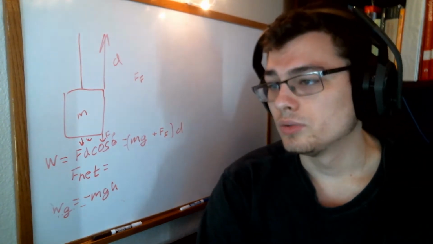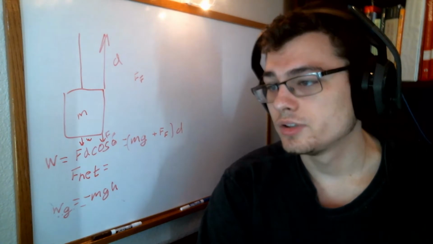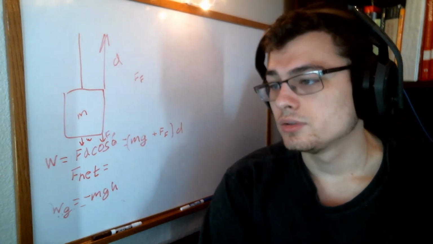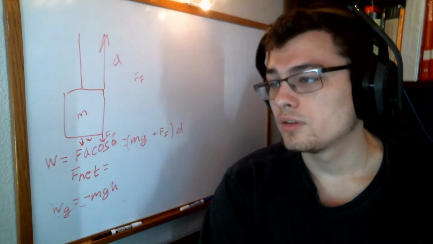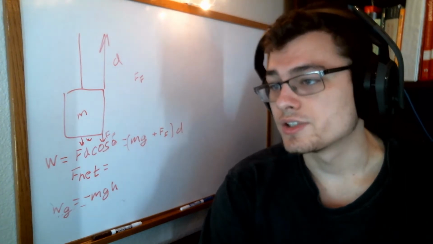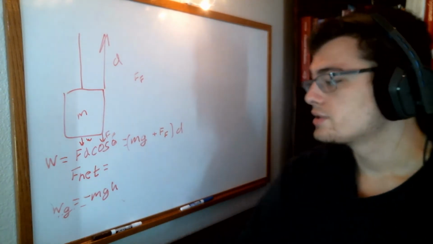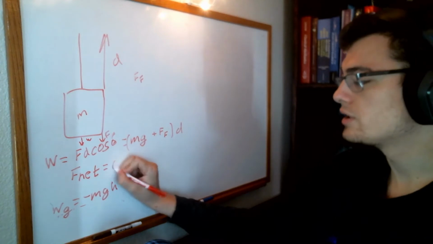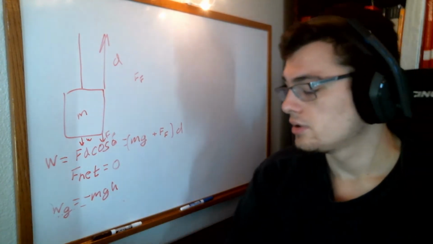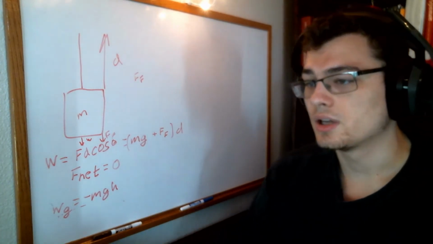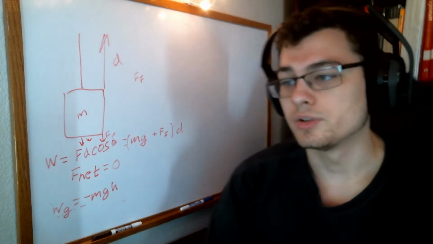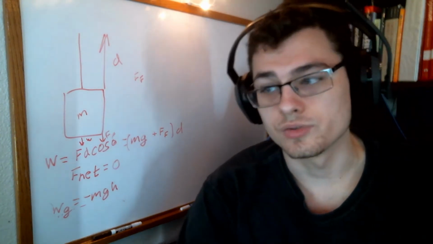And so what is the total work done on the lift? So we know that this is at constant speed. And so in this case, F net is going to equal 0. And so then in this case, the total work done is going to be 0 joules.